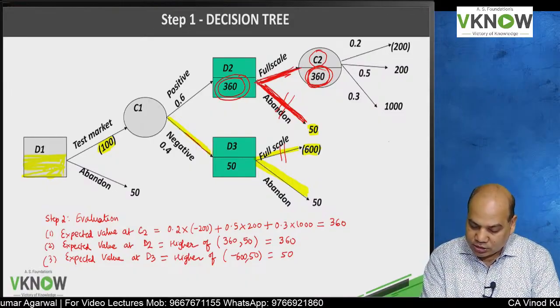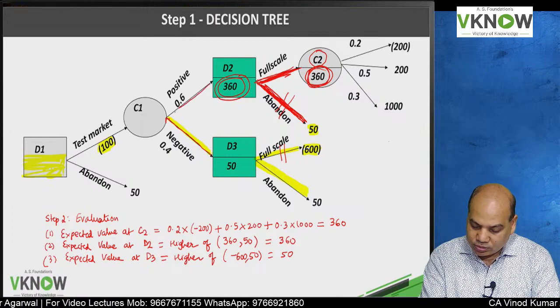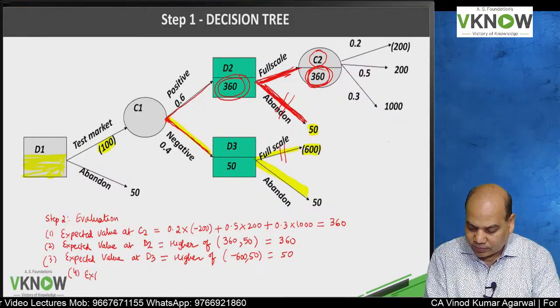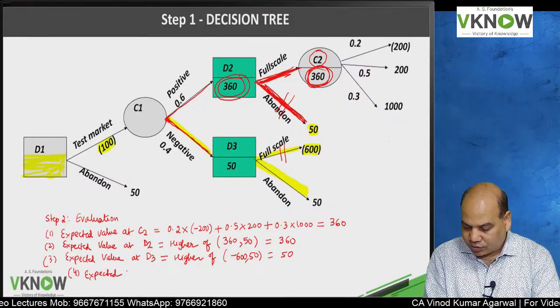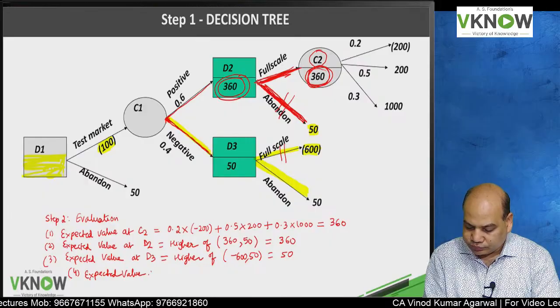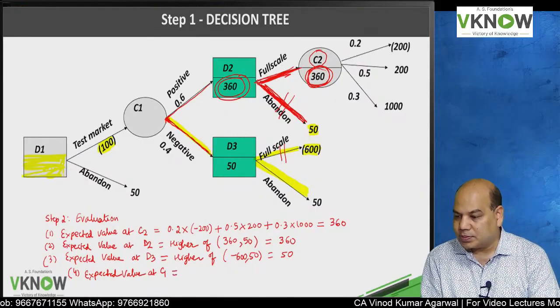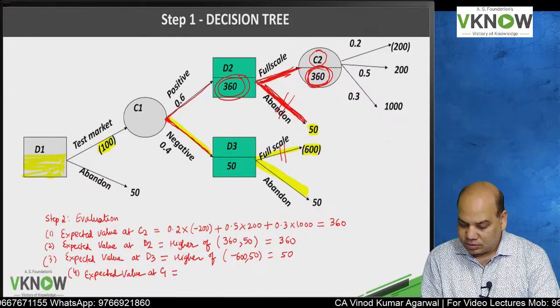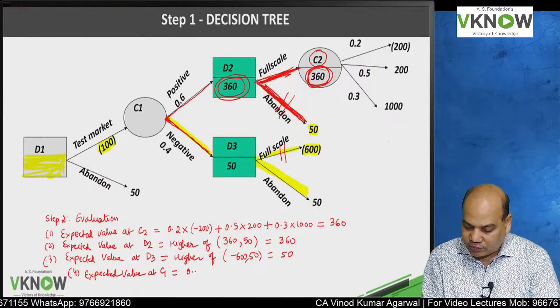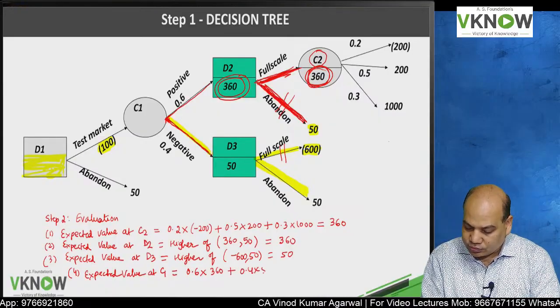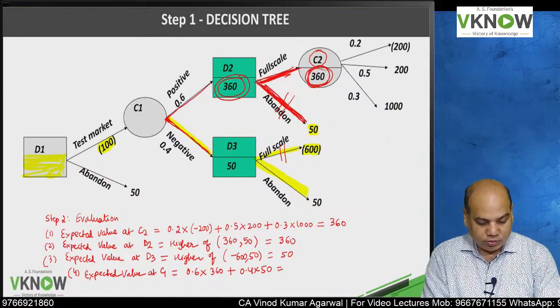Now these two branches are emerging from C1. So the next question is expected value at C1. Expected value at C1 will be 0.6 into 360 plus 0.4 into 50.